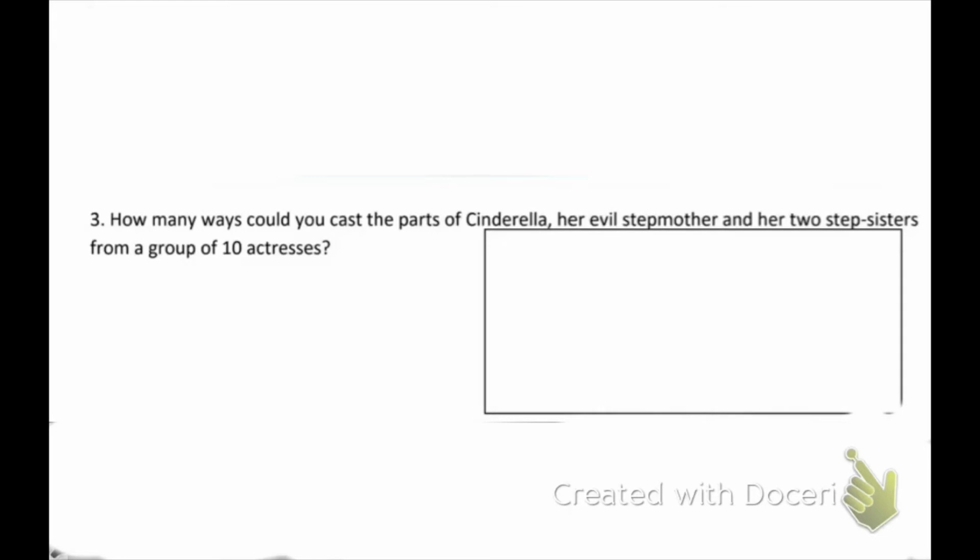Question 3 says, how many ways could you cast the parts for the play Cinderella if you have to cast Cinderella, her evil stepmom, and her 2 stepsisters, and you have a pool of 10 actresses. So you have 10 actresses to choose from.